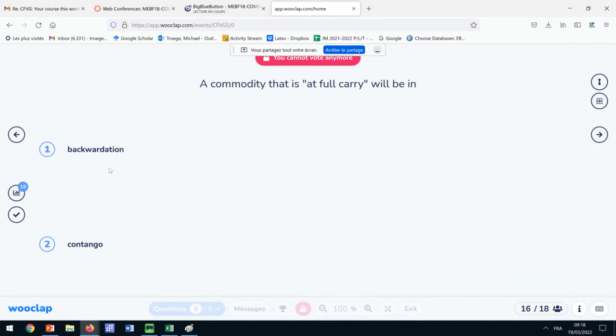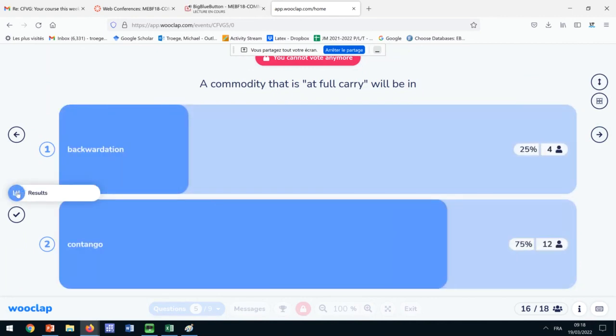Then the answer is contango. Yes, because you have to pay the interest rate, you have to pay the storage costs, and that is normally leading to an upward sloping curve.